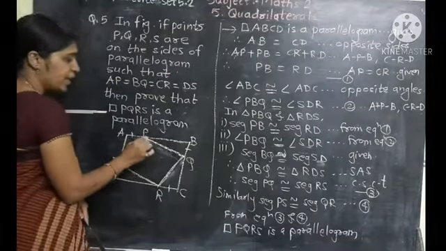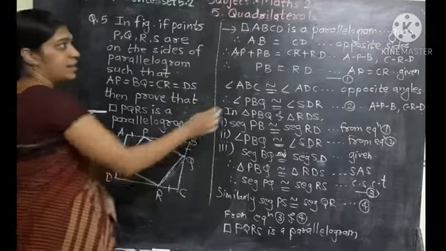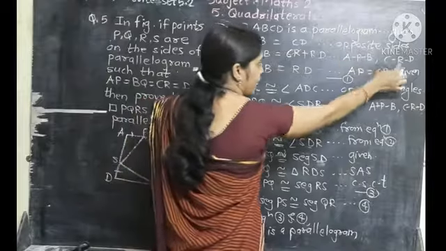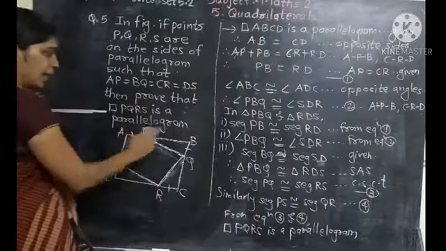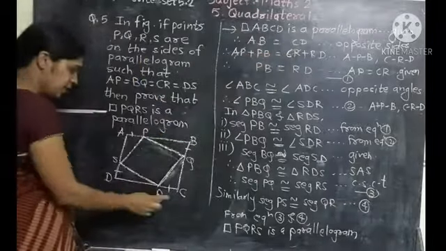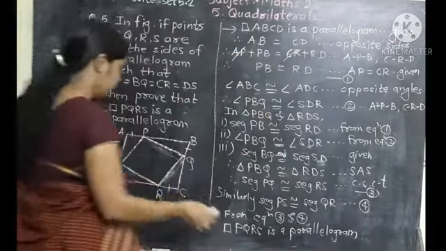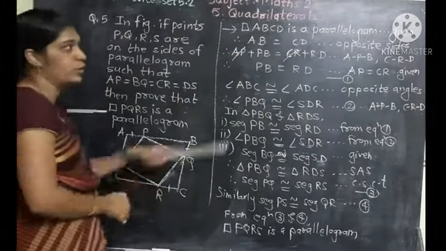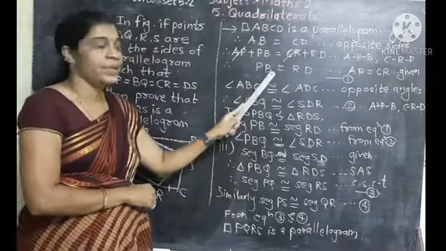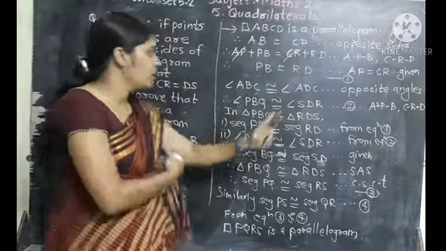AB means AP plus PB, and CD means CR plus RD, because P is between AB and R is between CD. AP and CR get cancelled because AP and CR are congruent, given. Therefore we get PB is equal to RD. We call this equation 1.